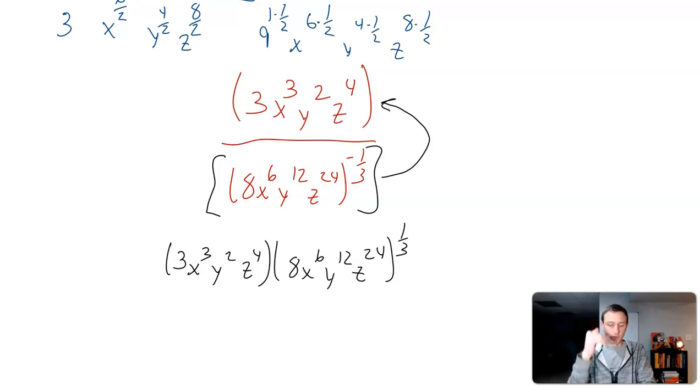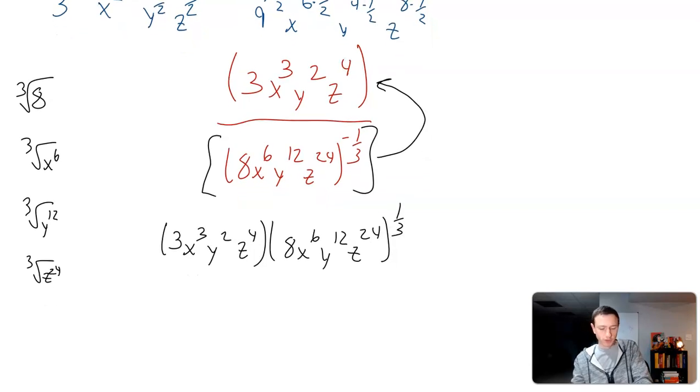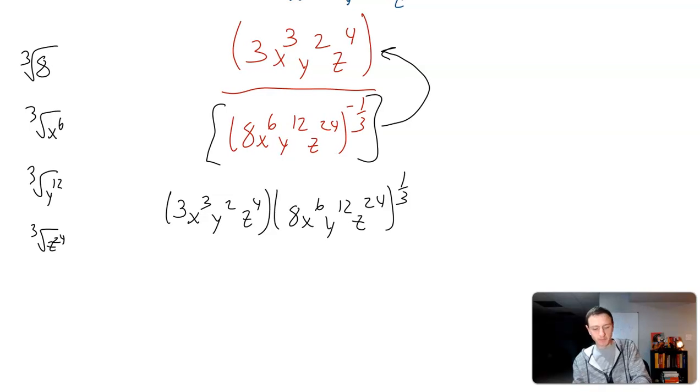Now I can just think, well, I have 8 to the 1/3, x to the 6 times the third, and so on. So I'll have the cube root of 8, the cube root of x to the 6th, the cube root of y to the 12th, the cube root of z to the 24th, which then just cleans up.